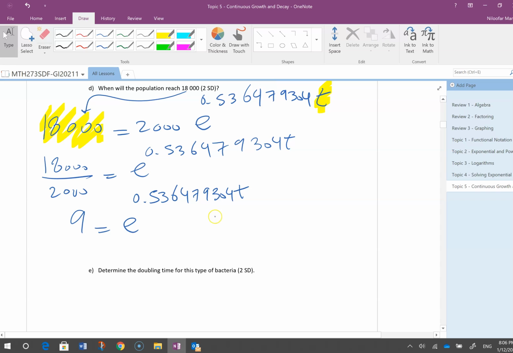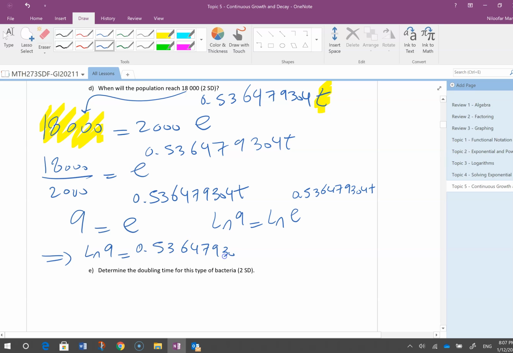Now I take ln of both sides. So ln 9 equals ln e power 0.536479304 t, which is 0.536479304 t times ln e. ln e is 1. Then I can find t.